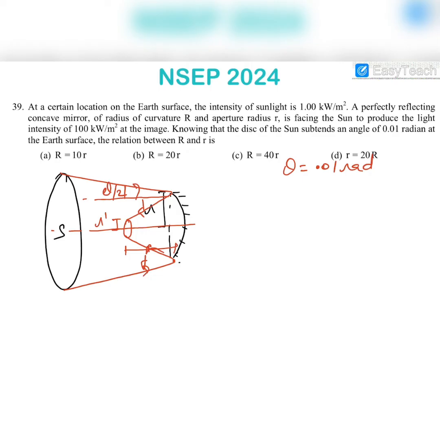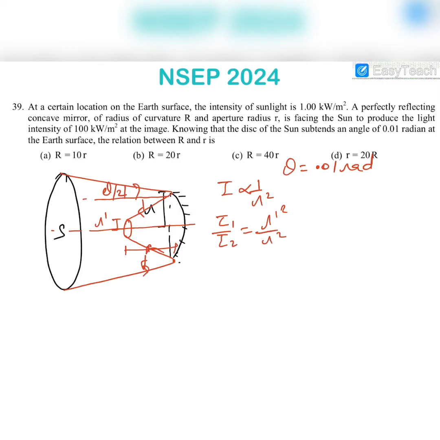So you can see that the intensity at this mirror, which is on the earth, is 1 kilowatt per meter square, and we know that intensity is inversely proportional to the square of radius. So I1 by I2 will be equal to r dash square upon r square.